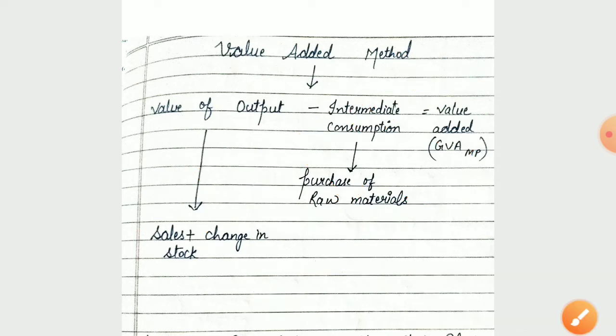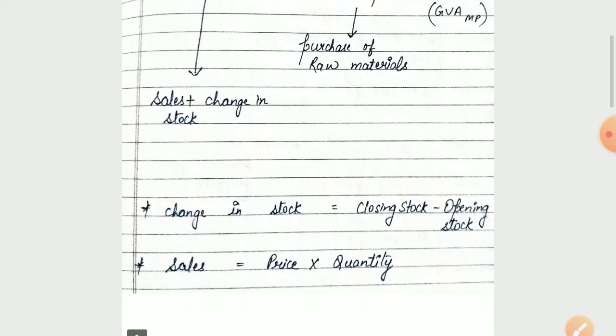So if imports are given separately and you are given purchase of raw material, you will not add imports, because domestic is not mentioned. You will include export as well as import only when you are given that the purchase and sale is of domestic raw material only. If domestic is not given, import and export are already included. So when you deduct both of these, you will get GVA at MP.